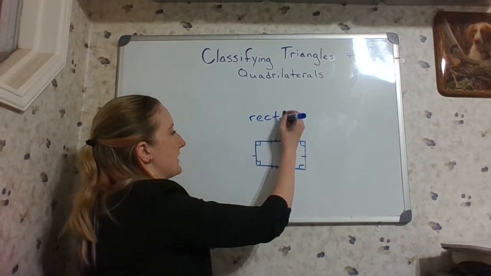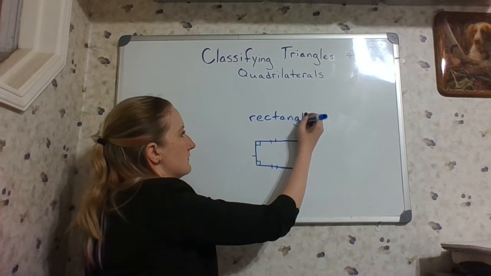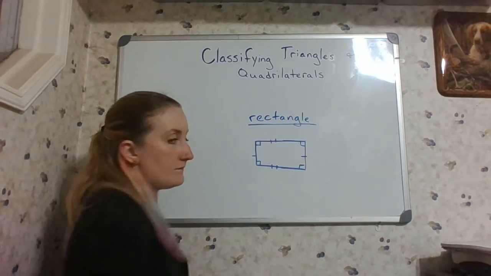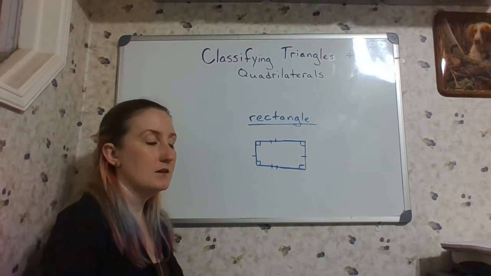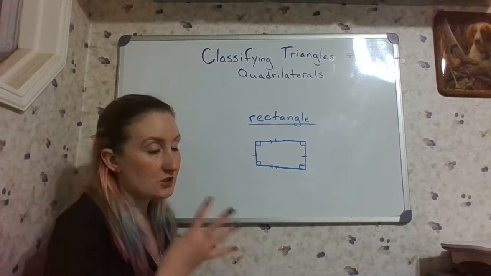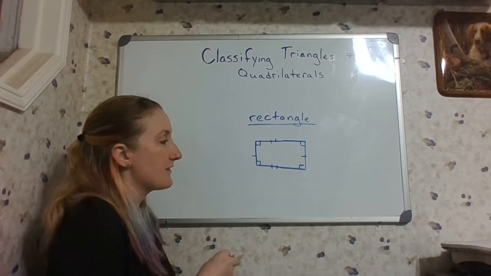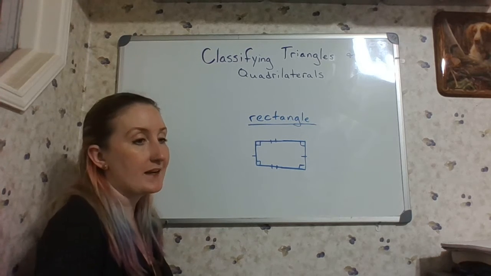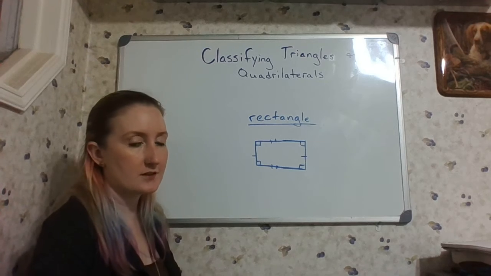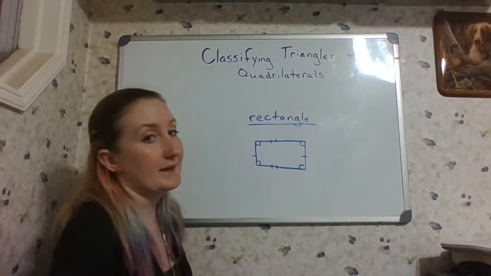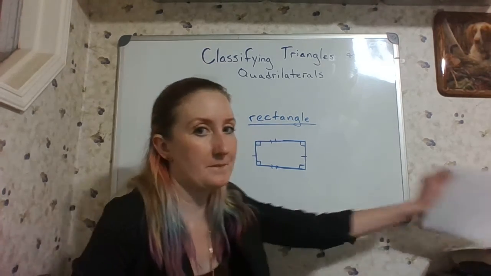So there's our rectangle. So this rectangle is going to have 4 right angles, just like a square does. But instead of having all 4 sides the same, it's going to have 2 pairs of sides that are the same. And those 2 sides are going to be opposite each other. Otherwise, it would not be a rectangle.